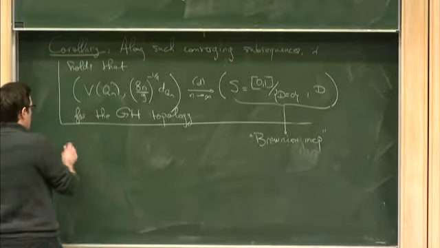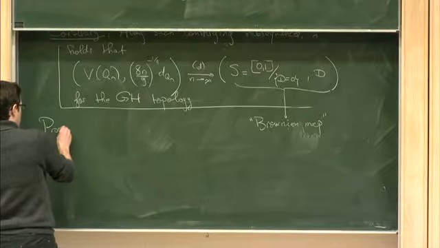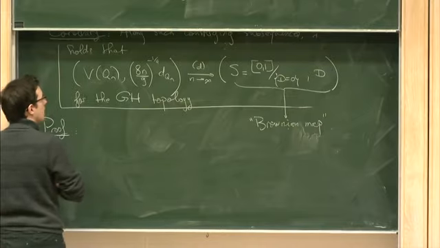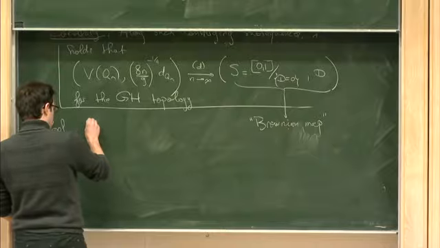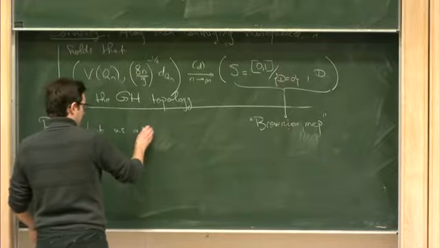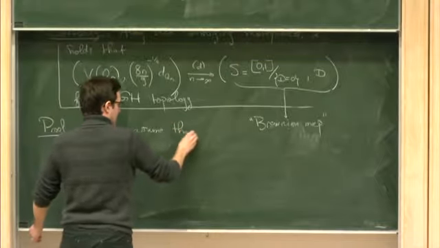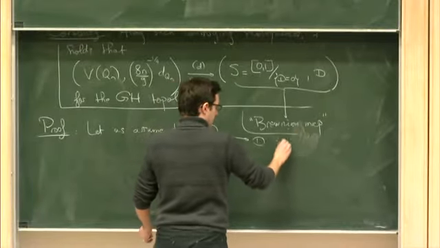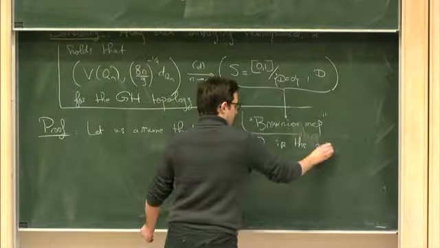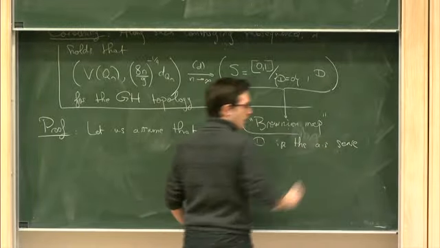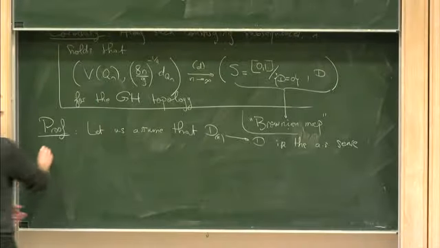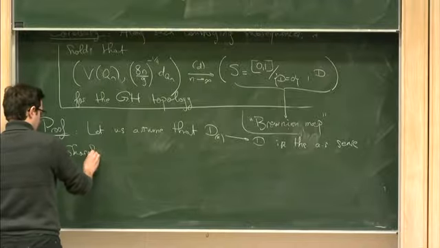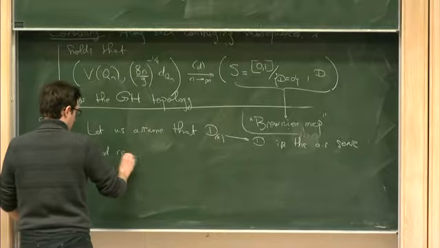Okay, so the proof of this is in fact very easy, so I'll go fairly quickly over it. Let us assume that dn converges to d in the almost sure sense rather than just in distribution, again using the Skorokhod representation theorem.